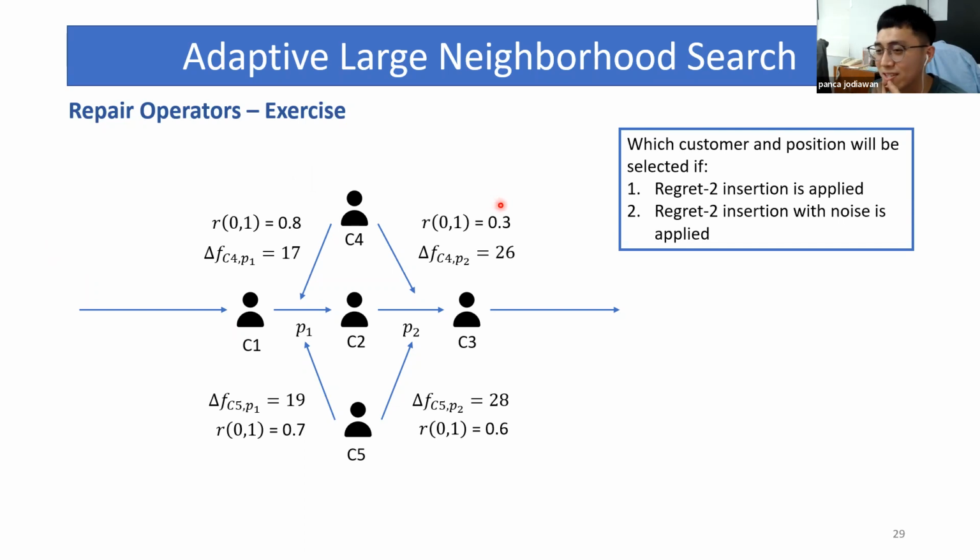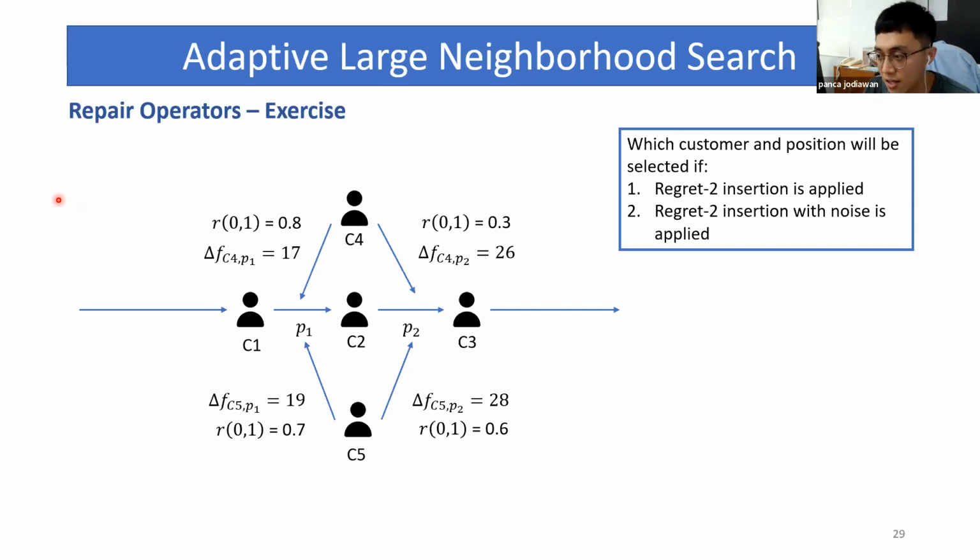Regret insertion with noise is applied. So I have provided the random value generated for each original cost. It's totally different, right? 0.8, 0.3, 0.7, and 0.6. Okay, I actually have not calculated it yet. So let's see, 0.8 times 17 is 13.6. Then 0.3 times 26 is 7.8.